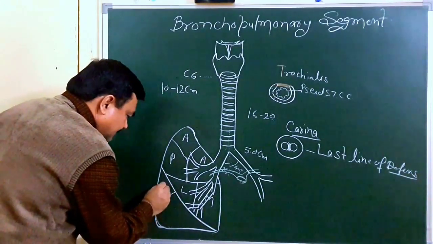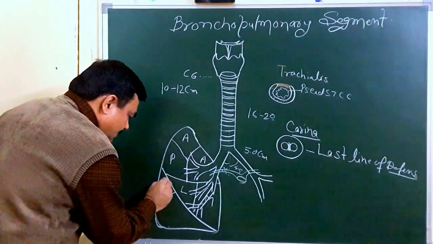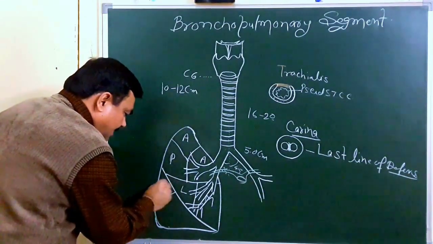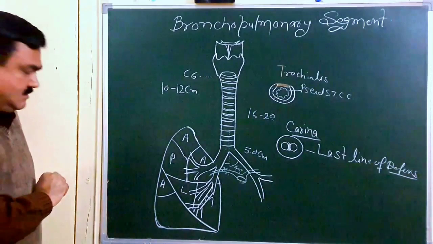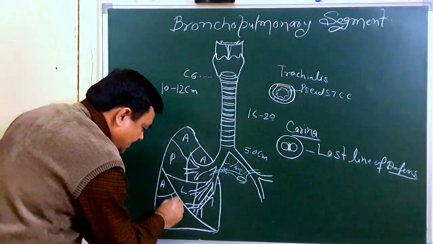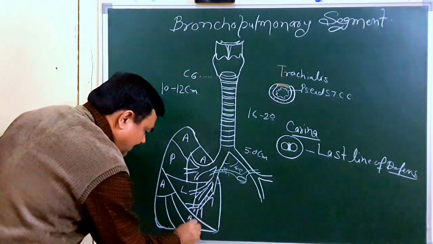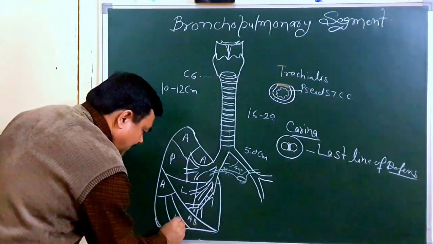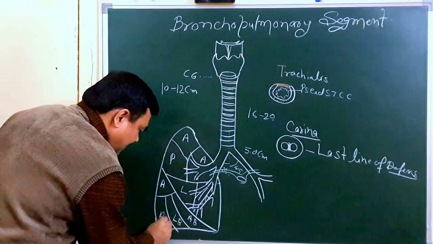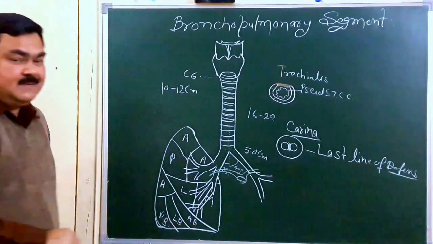This segment is apical or upper segment. This is anterior basal, this is lateral basal, this is posterior basal bronchopulmonary segment.